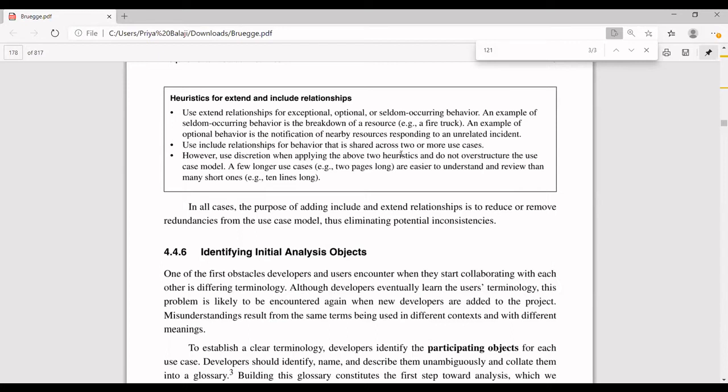So extend and include will come under the picture of inheriting. It is already there, and I'm trying to use the same thing inside my particular program or project. So it's kind of like inheritance only. You have to find out exactly for which scenario you need a certain relationship, include relationship or extend relationship.